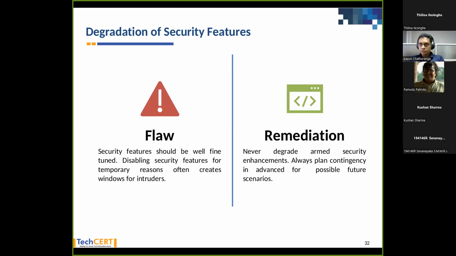Yeah, we are at almost the end of our presentation, because I targeted 1 hour since the students here are facing exams. The other thing is degradation of security features.